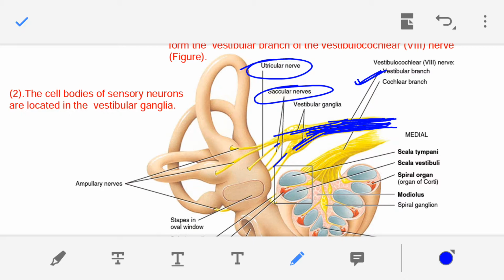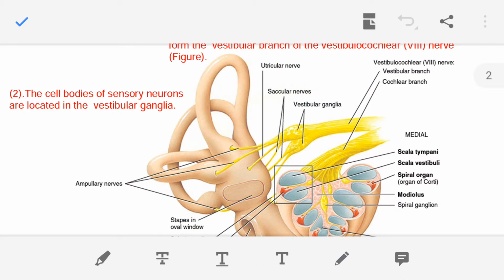Due to glutamate, it connects with the primary sensory neuron. Now in the primary sensory neuron, a nerve signal is generated. This nerve signal propagates, and the fibers of the sensory neuron merge together and form the vestibular branch.